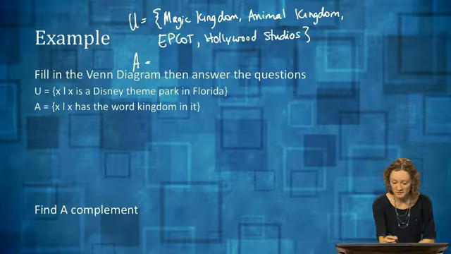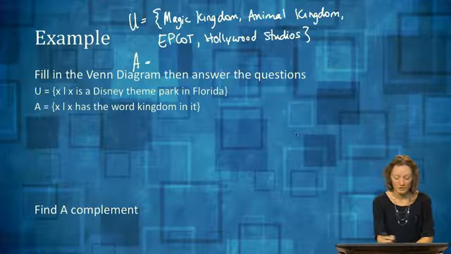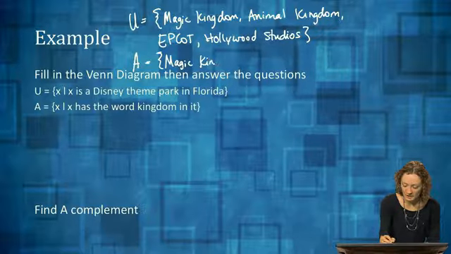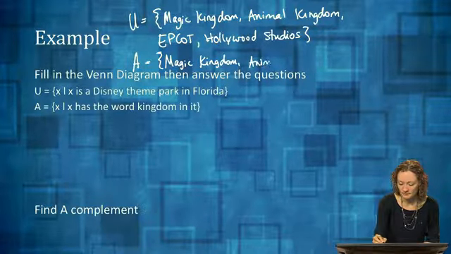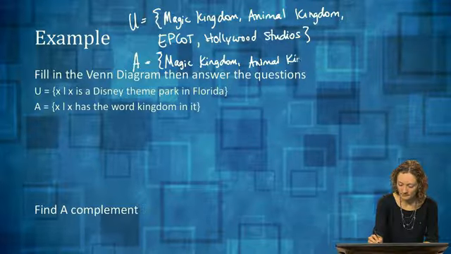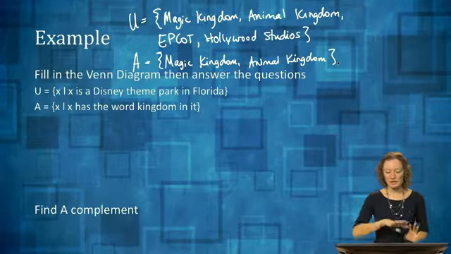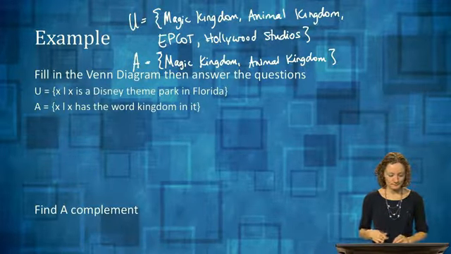So our options are Magic Kingdom, Animal Kingdom, Epcot, Hollywood Studios, which means set A contains Magic Kingdom, since it has the word kingdom in it, and Animal Kingdom. You might be wondering about water parks or other special things. We're just going with the four.